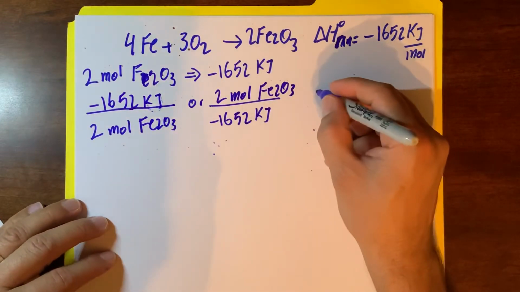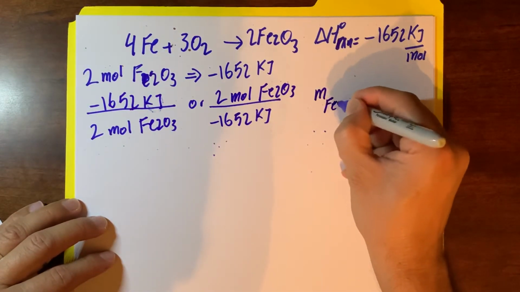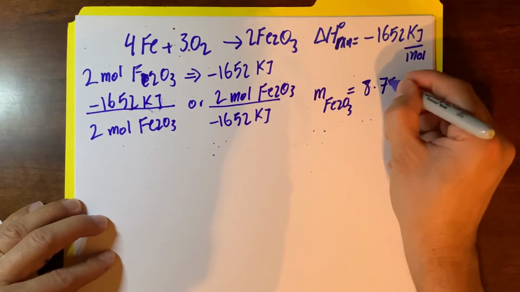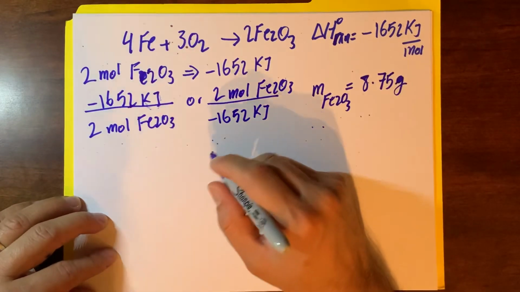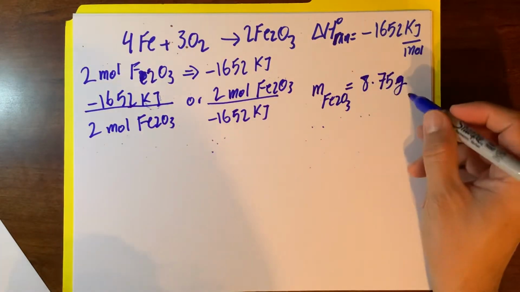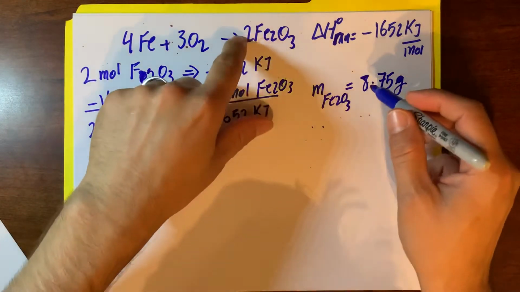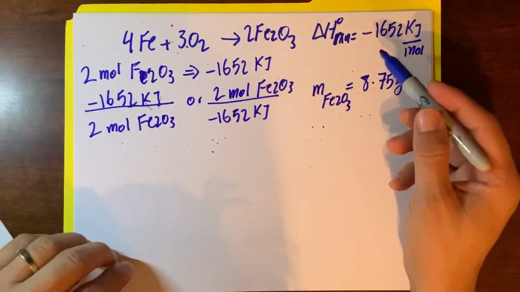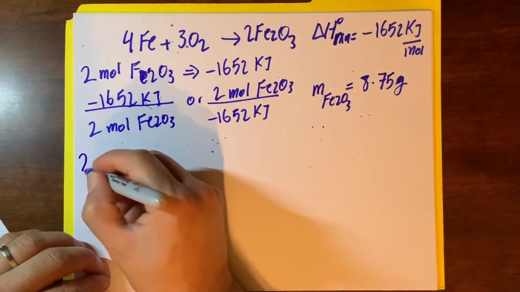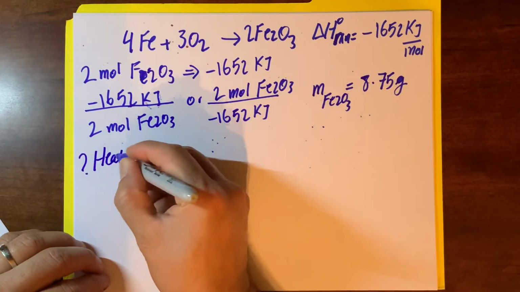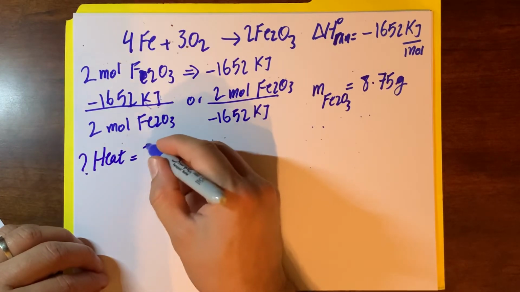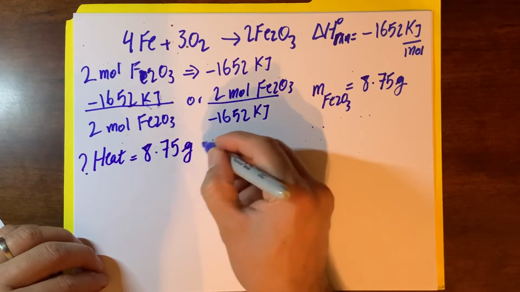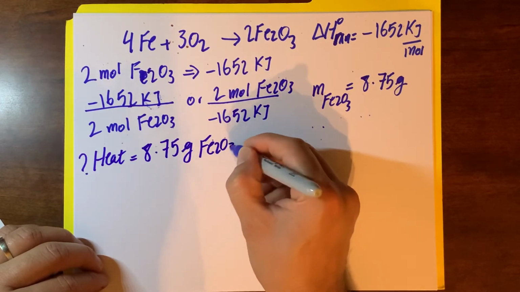So now the question is saying the mass of iron 3 oxide is equal to 8.75 gram. They gave you the mass. Now you need to transfer this to mole and use the mole ratio with the heat and calculate how much heat you can generate. So I'm going to say how much heat we can get if I form 8.75 gram of iron 3 oxide.